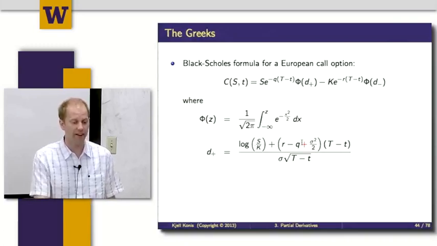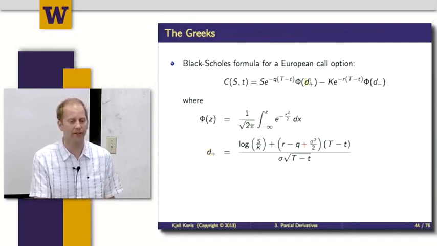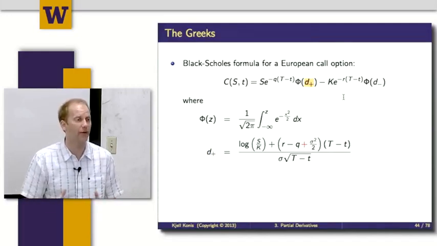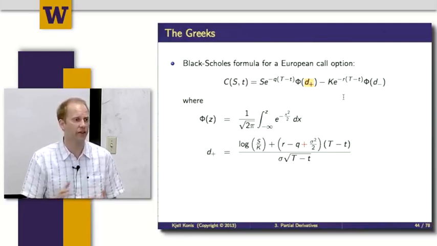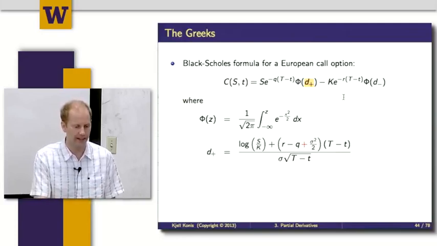And essentially, it's not necessary to write d plus as a separate function and put it in here. I could actually just write the whole thing out, but again, it just gets kind of unwieldy to do that. And now that we have tools like the product rule and the chain rule, it's actually more convenient to treat functions of functions separately like this.